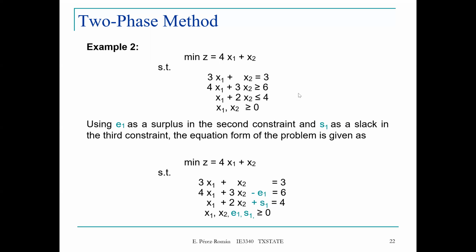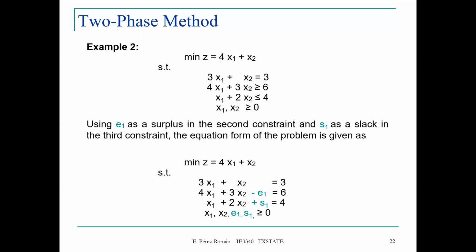So let's work with an example. Here we have example number 2, which is a minimization problem for x1 plus x2, subject to 3 constraints. The first constraint is an equality. The second constraint is a greater-or-equal-to inequality. And the third constraint is a less-than-or-equal constraint. So using E1 as a surplus in the second constraint and S1 as a slack in the third constraint, the equation form of the problem is given here.